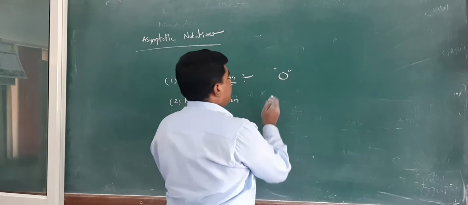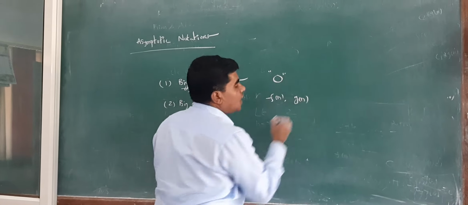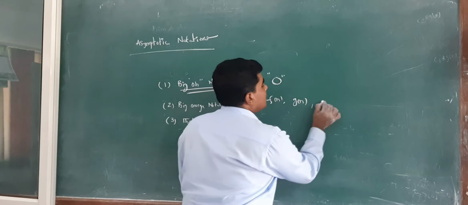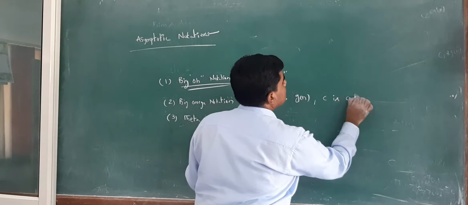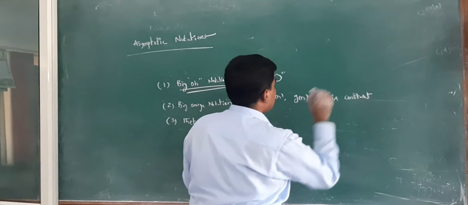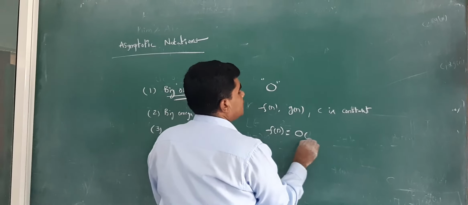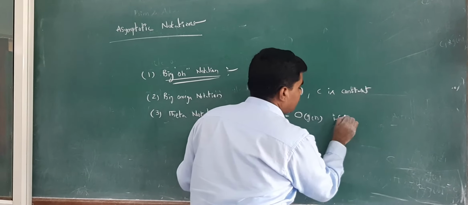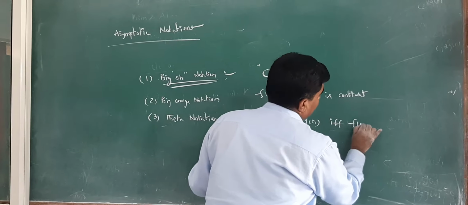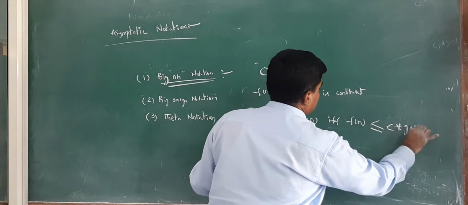For example, f of n and g of n are two non-negative functions, and c is a constant. f of n equals big O of g of n if and only if f of n is less than or equal to c star g of n.